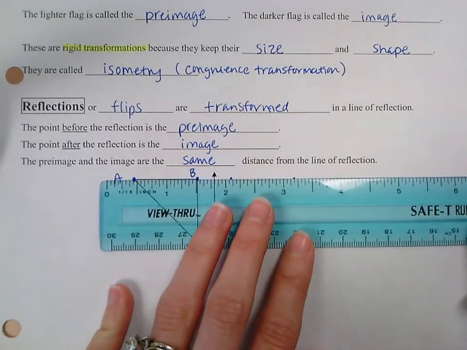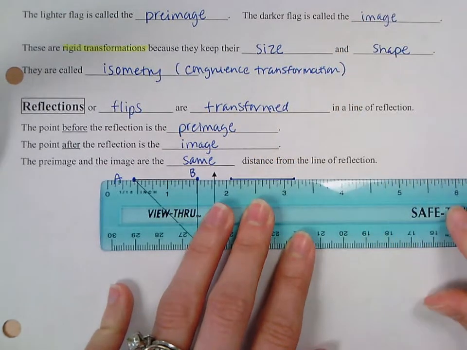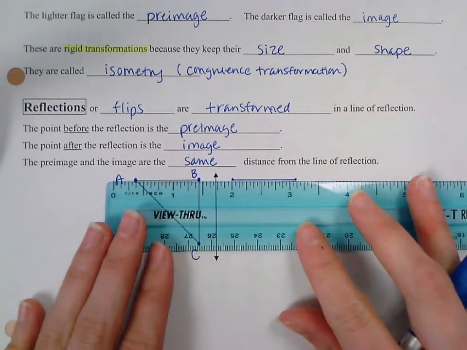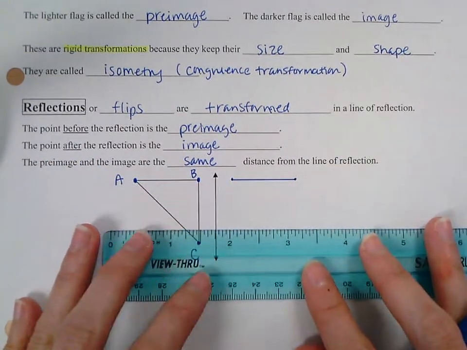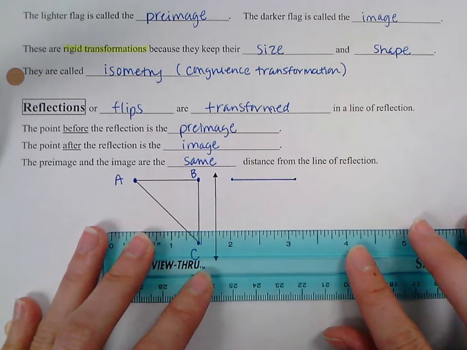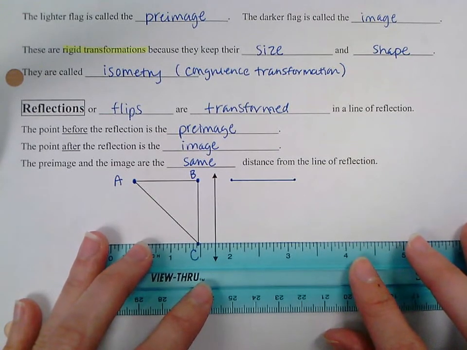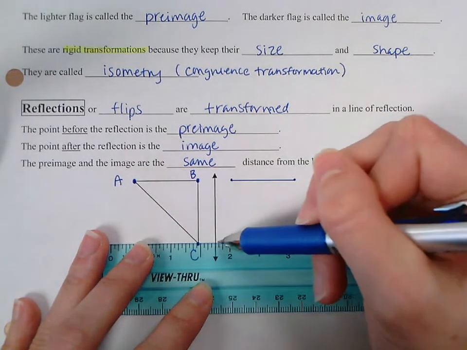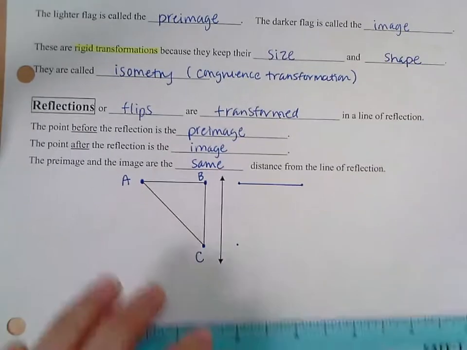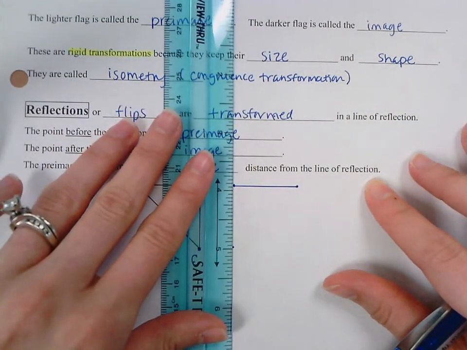And then you could, while your ruler is there too, connect those points for that side of the reflected triangle. And then I would want to do the same thing for C. C is going to be the same distance that B was away from that line, but I want to line up where it is. And then you draw your reflected image.